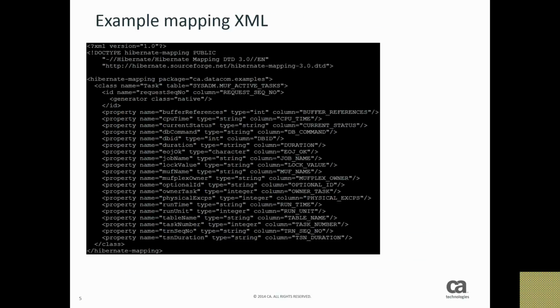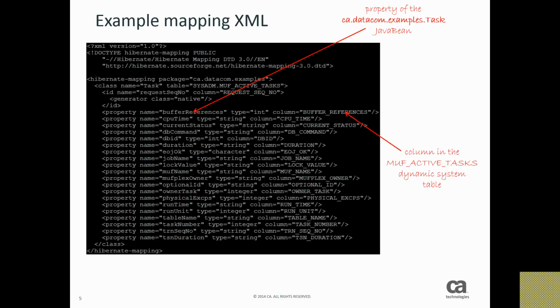Then the mapping XML, once you stare at it, is almost straightforward because we are going from properties in the Java bean. We want to serialize each row as an instance of it, and we're mapping to columns in the MUF active task DST.